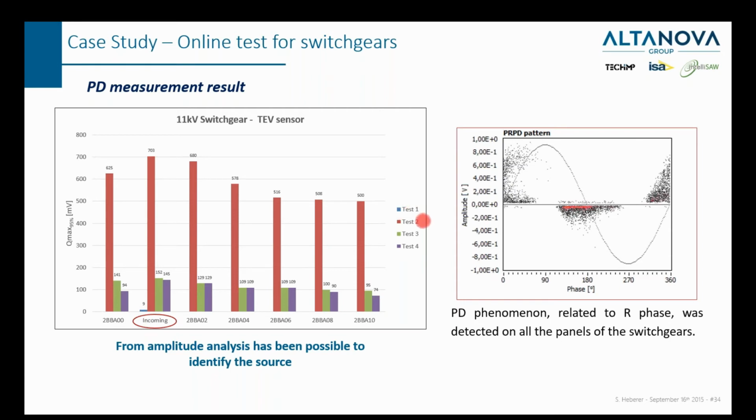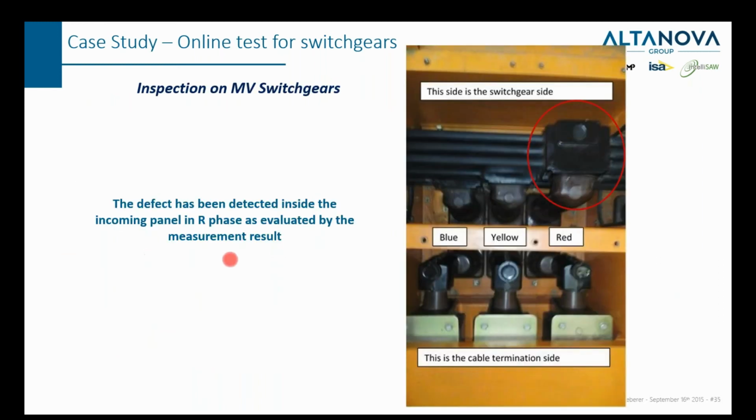If we have the load, all the points show that the incoming panel has the highest value, and this is the measured phase result pattern. So we kind of allocate the problem within the incoming switchgear panel, and of course the customer opened the switchgear panel and found out, hey, this is the problem.